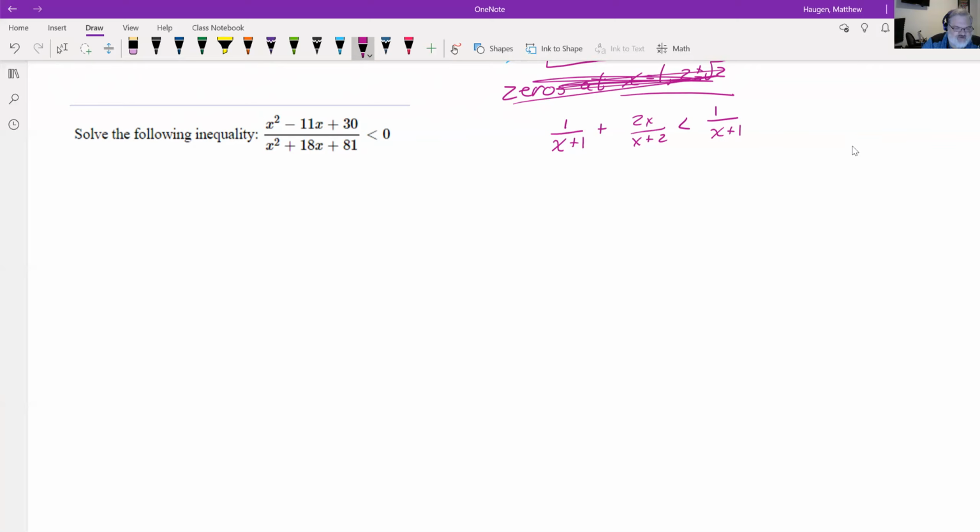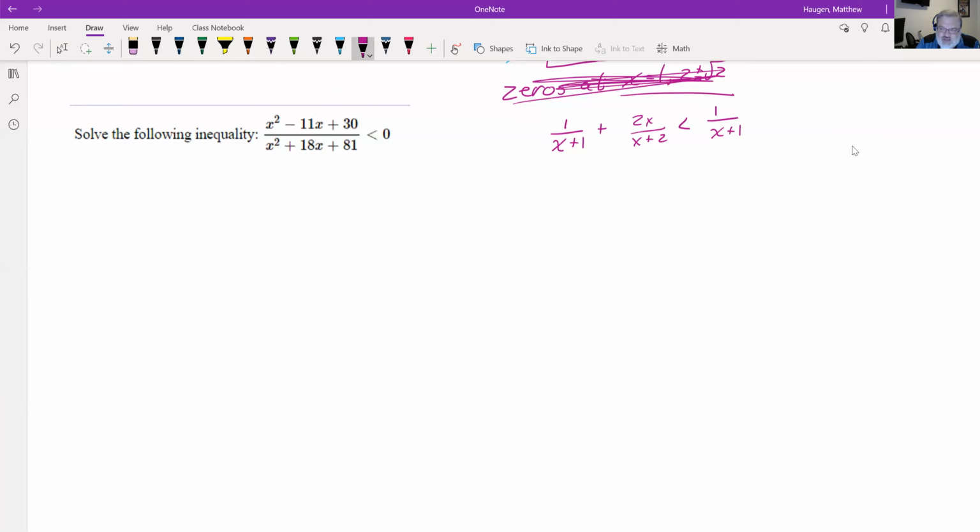To get those things to cancel out. And totally, if that was an equation, yes, multiply by x plus 1 and x plus 2. But Justin mentioned the biggest difference in solving and manipulating inequalities. When we multiply or divide by a negative number, we have to reverse the inequality.